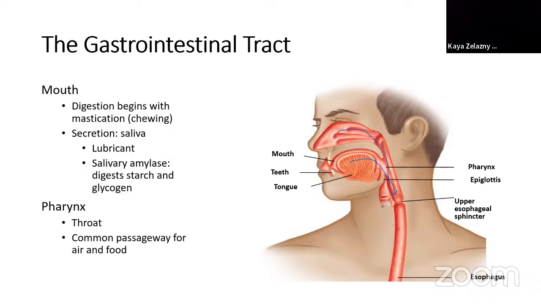Then we want to make sure that the food, instead of passing through the larynx and into the respiratory system, passes posteriorly into the esophagus. So this is part of why when we swallow, we have our epiglottis cover over our larynx so that the food doesn't end up in our lungs.